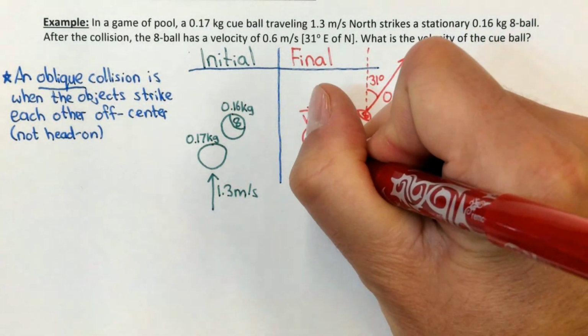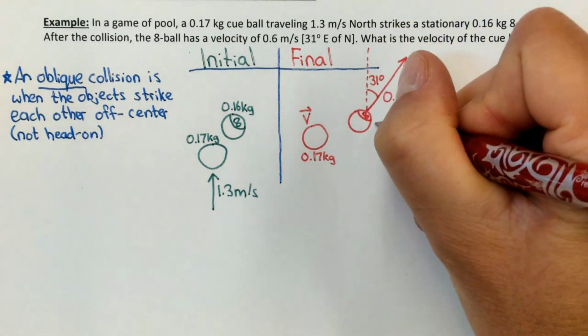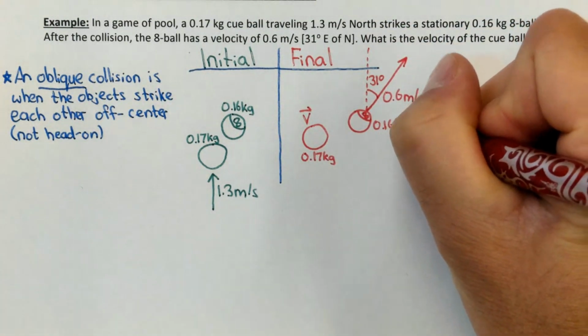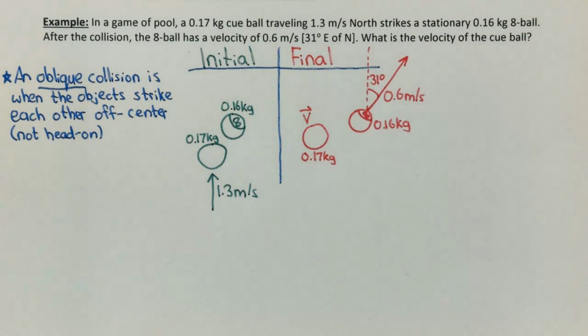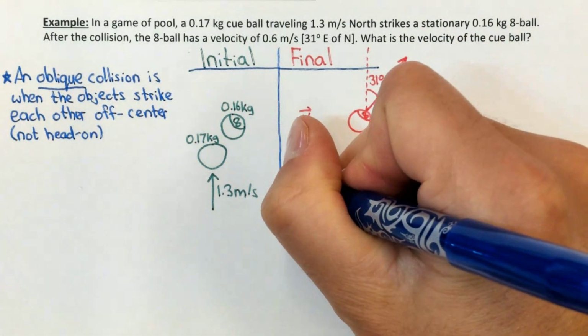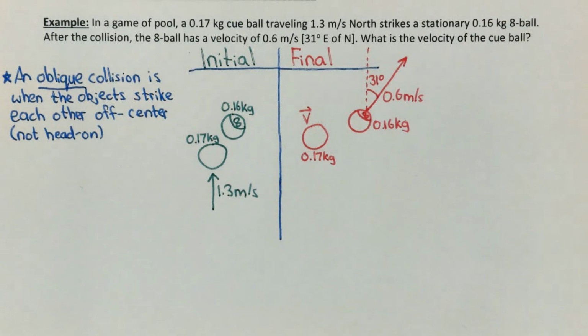Again, this guy's 0.17 kilograms, and this guy's 0.16 kilograms. Okay, so the next thing I'm going to do, again, just like if this was a 1D conservation of momentum problem, is I'm going to use the law of conservation of momentum.